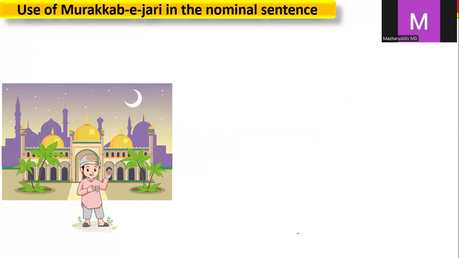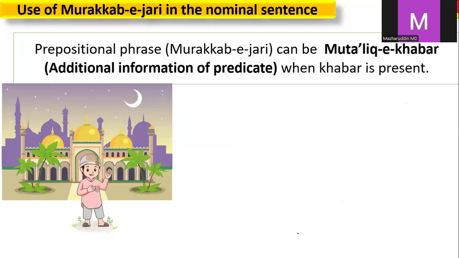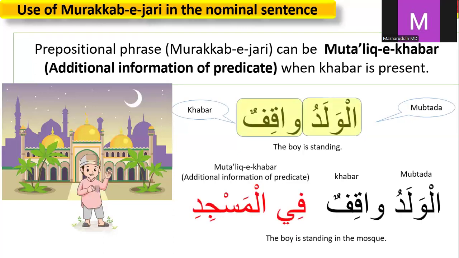So this is the first condition: when it is the additional information of predicate, that is mutalike khabar. A prepositional phrase can be mutalike khabar when khabar is present. That we have just learned. Al-waladu waqifun fil masjidi.